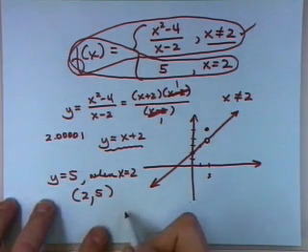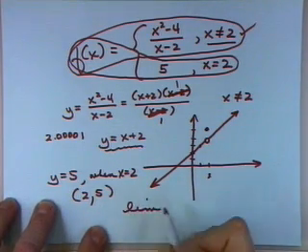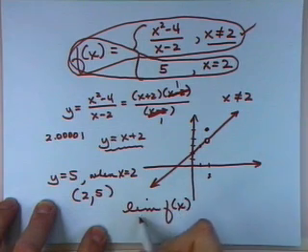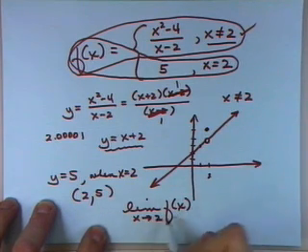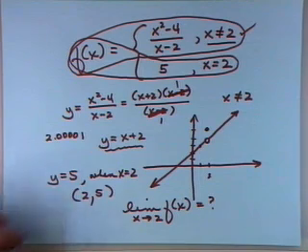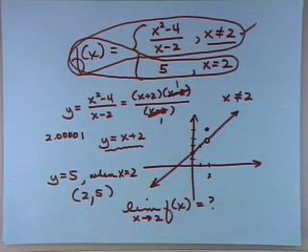Now here's the problem I want us to consider. What's the limit of this function, of the y values, as x gets closer and closer and closer to 2, what do the y values get closer and closer to? 4?